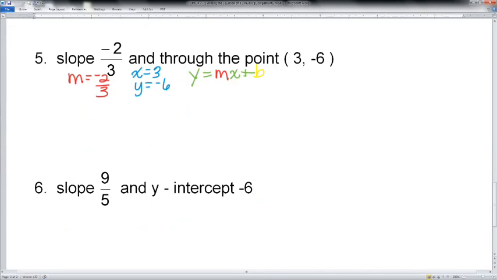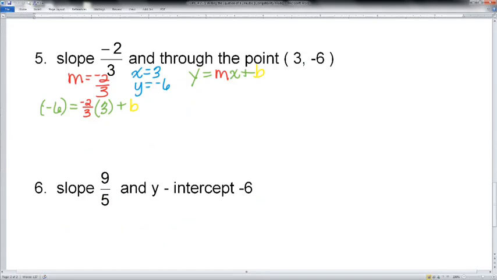So we have y, which is -6, equals, I'm going to go ahead and plug in my m, which is -2/3, times my x-coordinate, which is 3, plus, I don't know what b is. That's what I'm going to solve for.